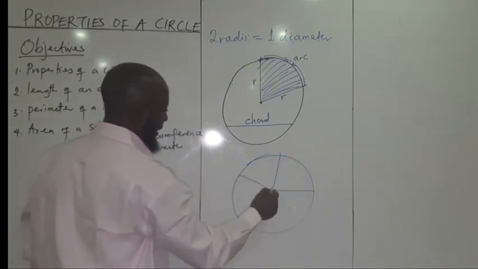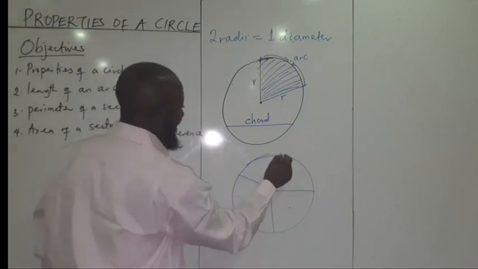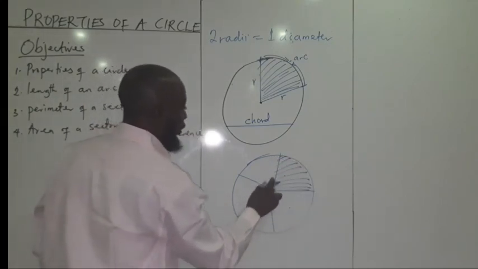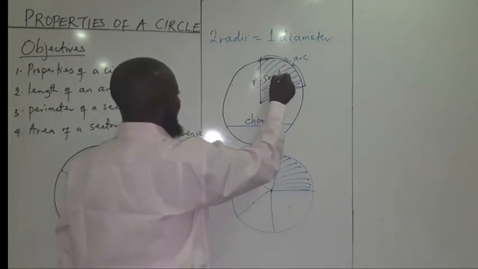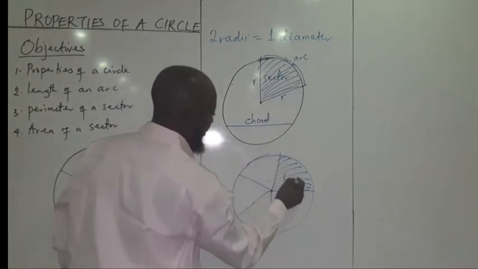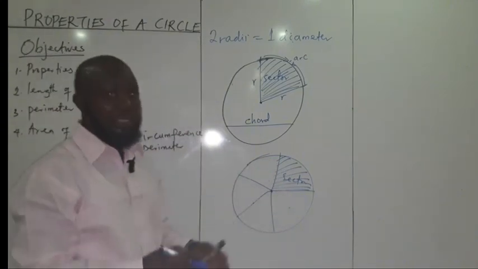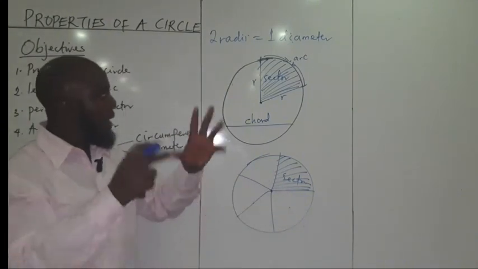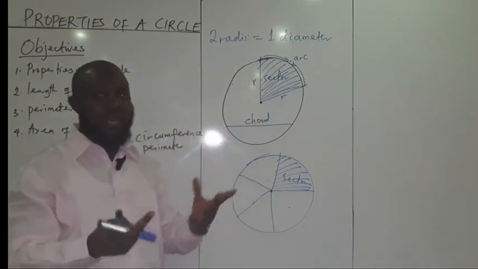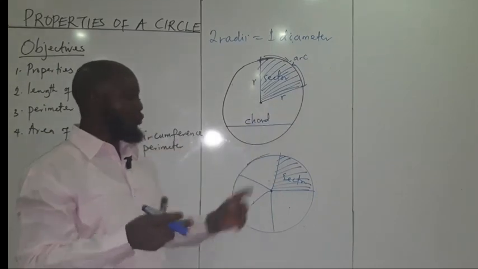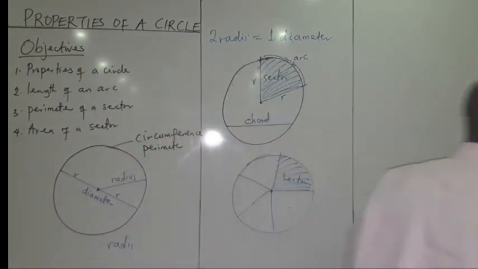You understand? So this region here that is being cut and given to you is what we call a sector. A sector is a region bounded by an arc and two radii. It's a region bounded by what? By an arc and what? Two radii.